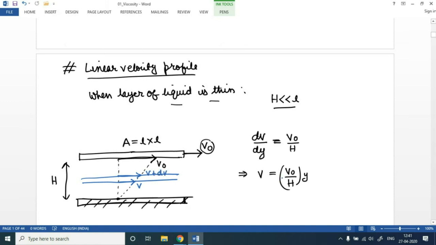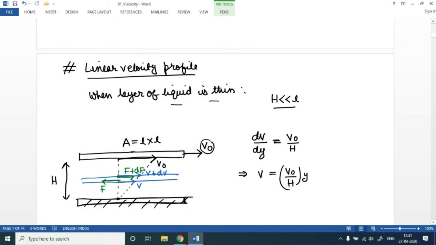Now you must realize, since there is relative motion between the adjacent layers over here, it will be experiencing the viscous force. So the bottom part of the liquid will exert a force in the backward direction, this force is F, and the force exerted by this layer would be F plus dF over here.